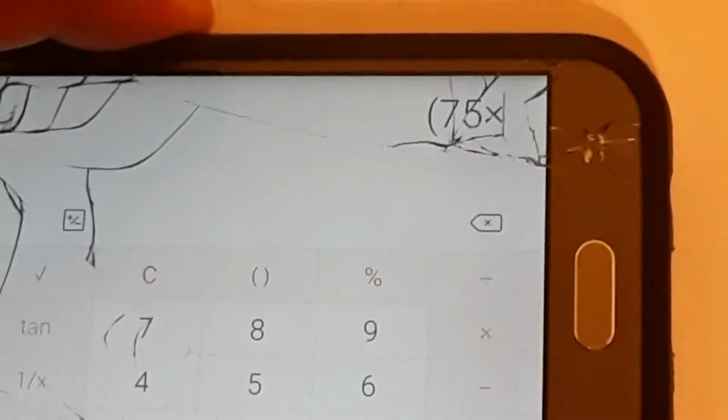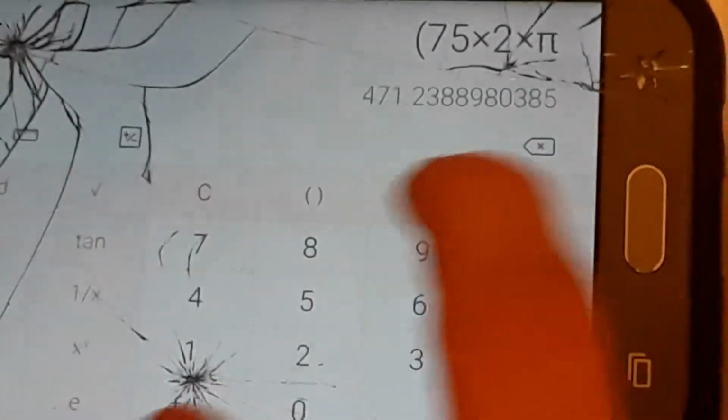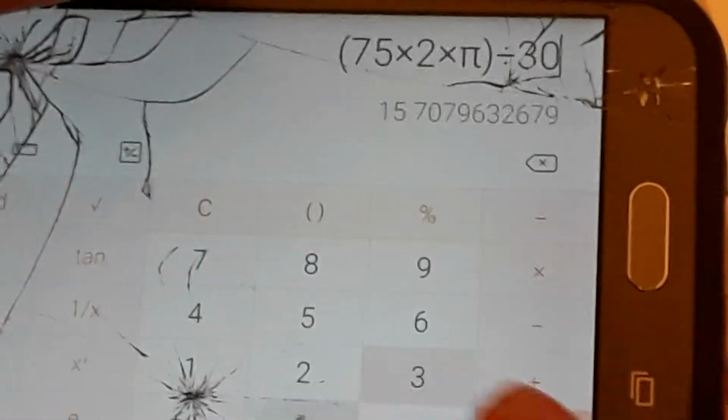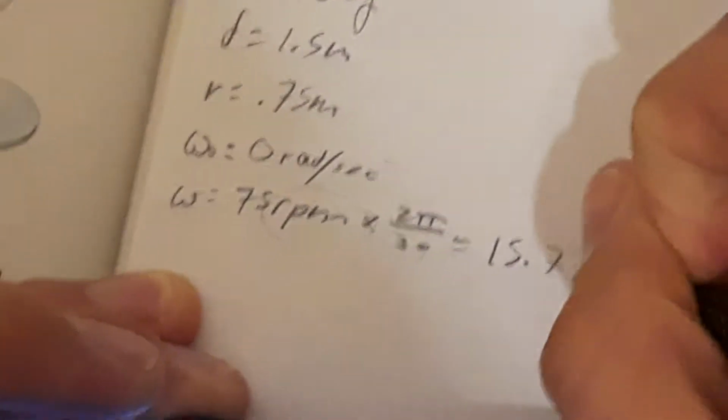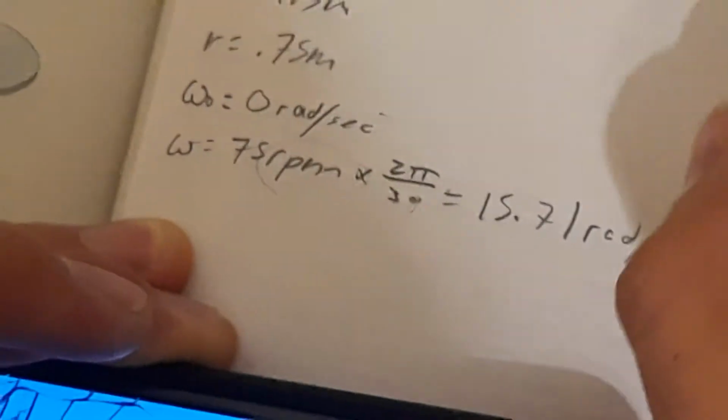So we have 75 times 2 times pi divided by 30, and I get 15.71 rounded, of course. 15.71 radians per second.